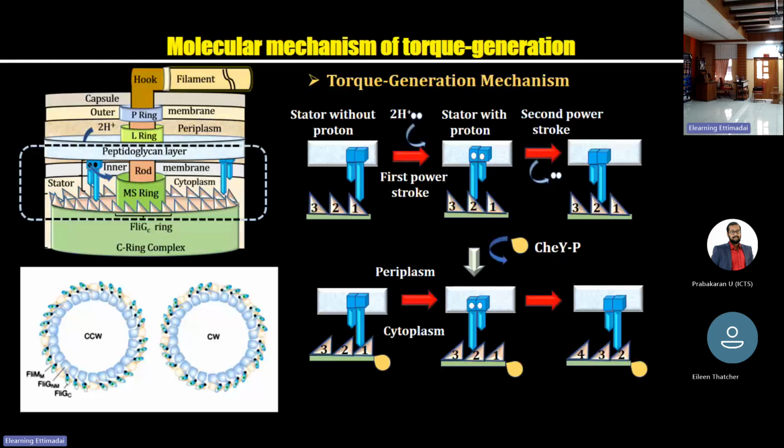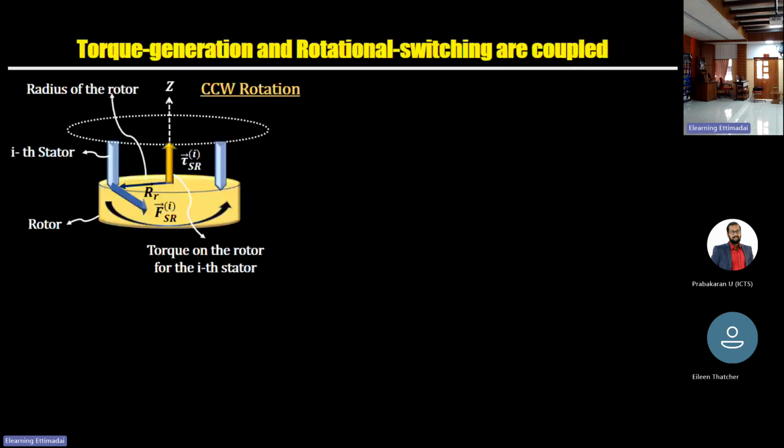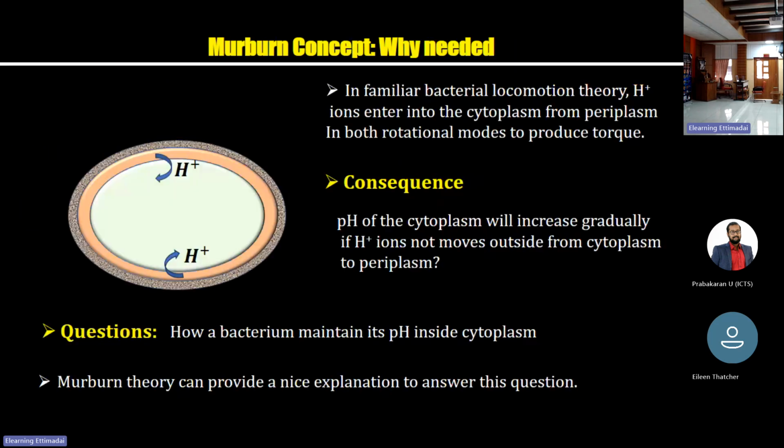To get the answer, if I use the Murban concept, I can explain how bacteria maintain their pH even if H+ ions are continuously entering from periplasm to cytoplasm.